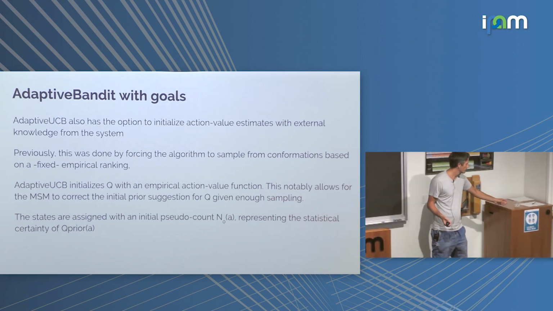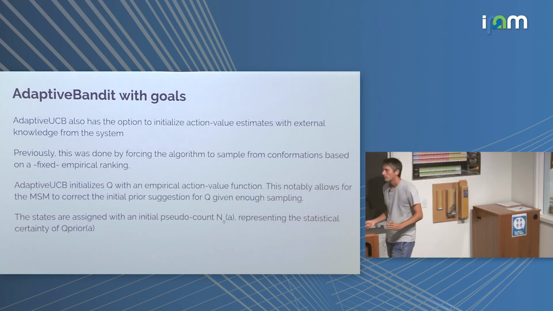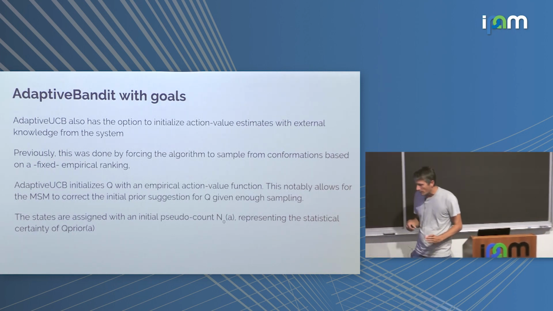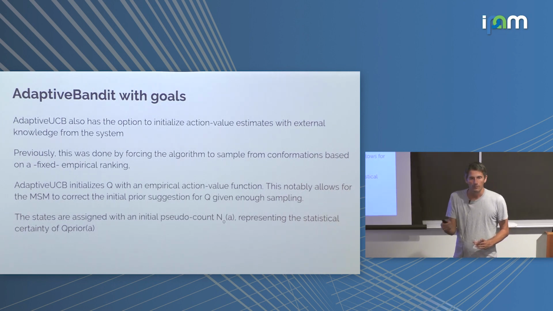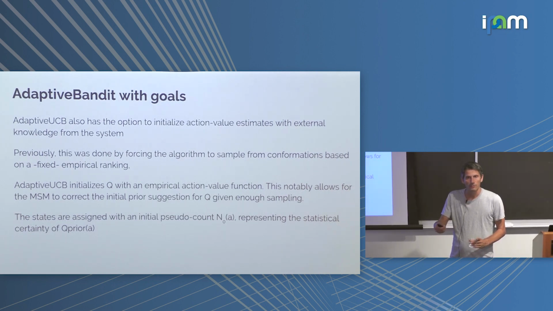The way it was done before is that it was simply imposed: these two residues being close is favored. So every time I see a conformation with two residues close, those are sampled more. And this is okay if the data is correct, but it's not always correct.